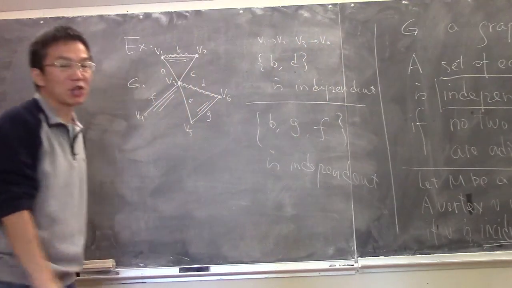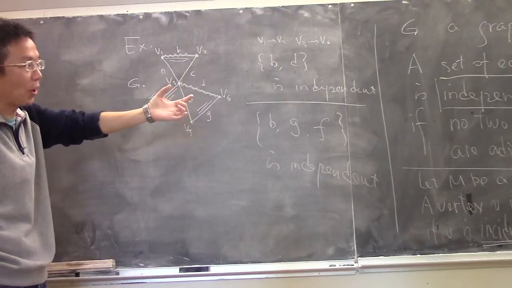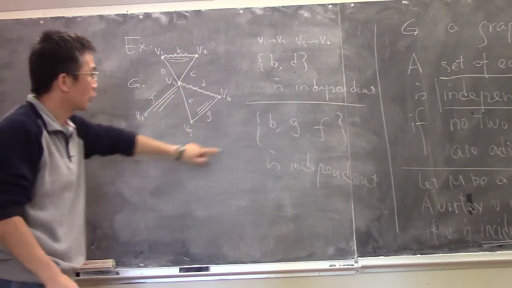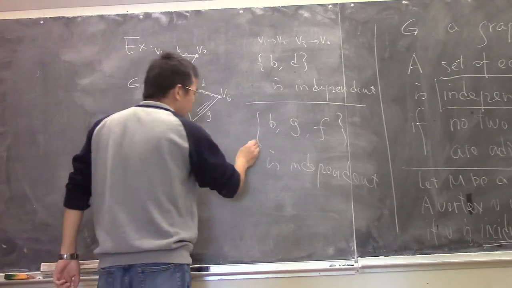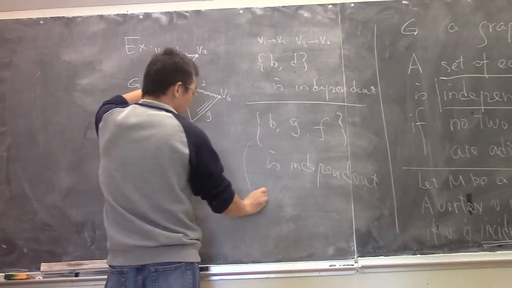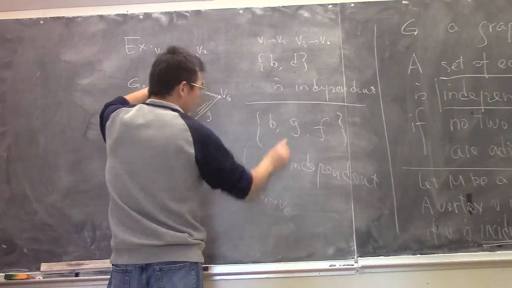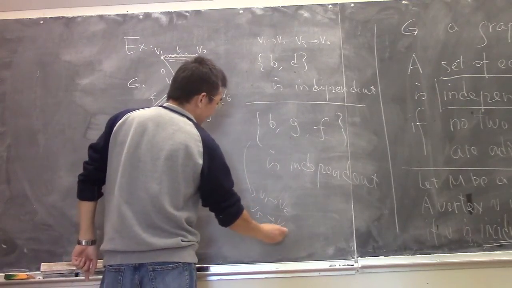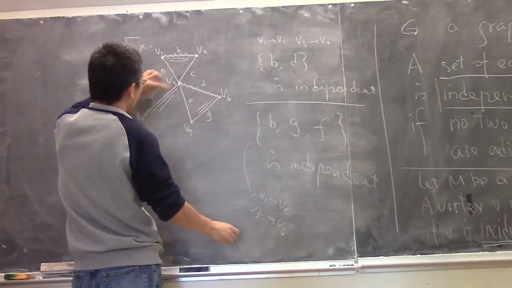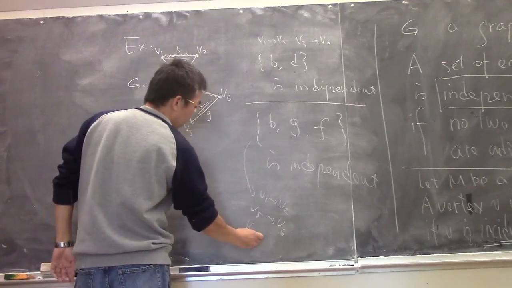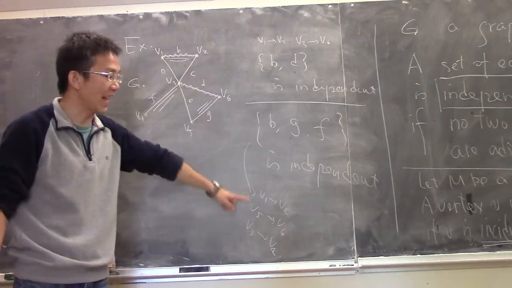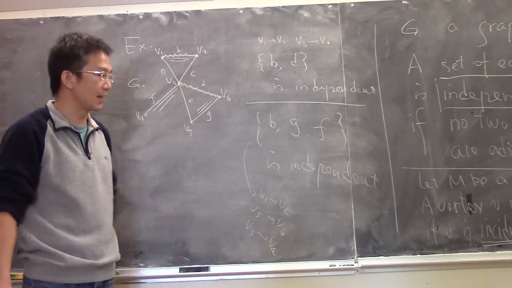Right? So that's a matching, because the 2 endpoints of one edge, I say that's a matching. So for example, this independent set gives me B, V1 matched to V2, G, V5 matched to V6, and F gives a match V3 to V4.